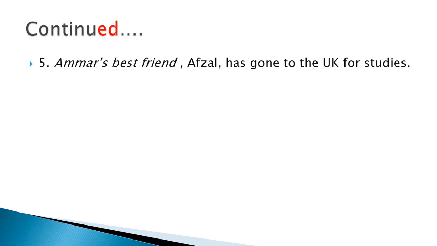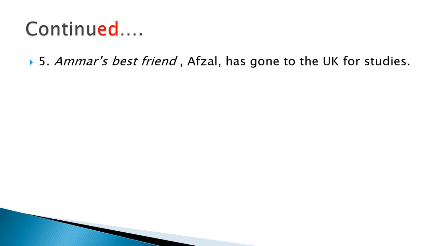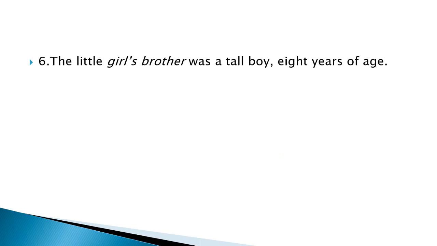The next sentence: Ammar's best friend Afzal has gone to the UK for studies. Ammar's best friend is in italics and it shows relationship. Next sentence: the little girl's brother was a tall boy, 8 years of age. Girl's brother.